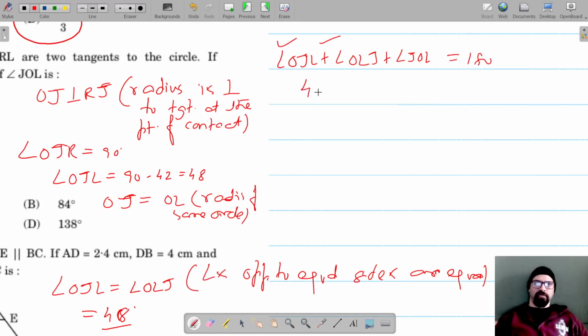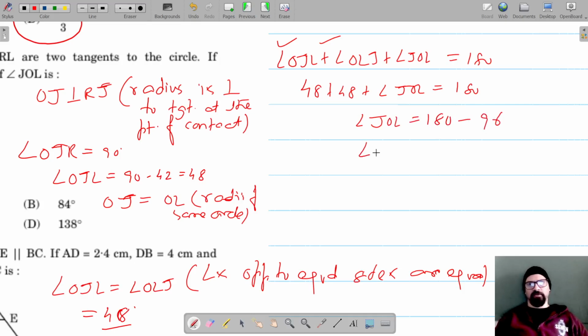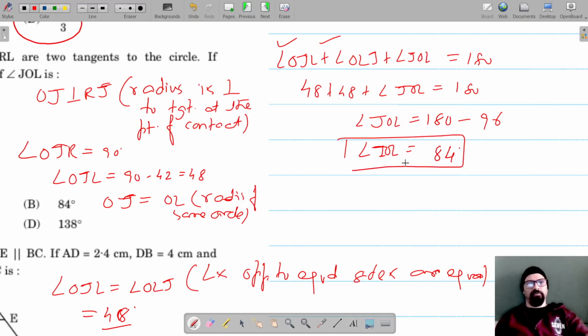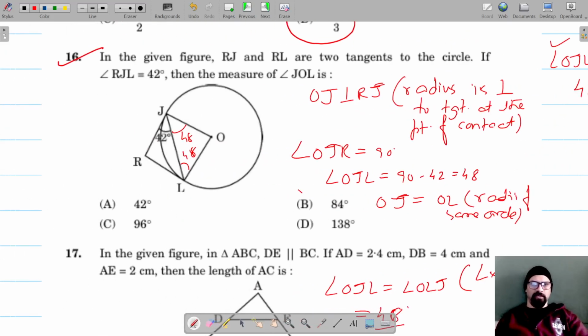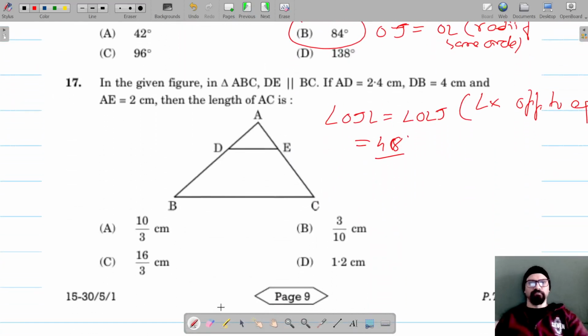So these are both 48 and 48, and angle JOL is equal to 180 minus 96. So 180 minus 96 gives 84. So this is 84 degrees. So 84 degree means our option is option B.